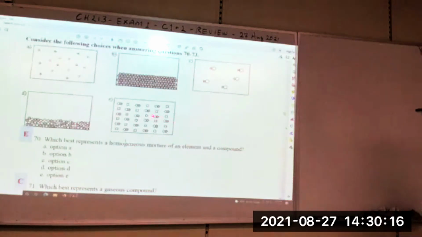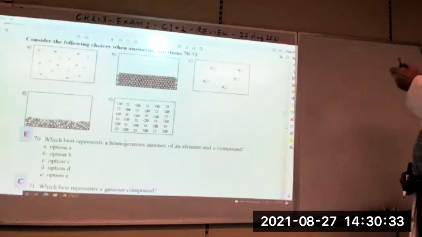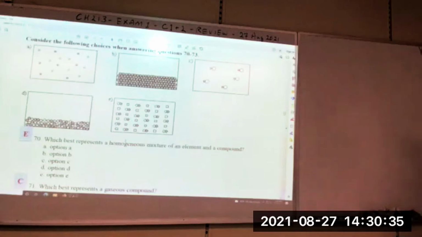And here it looks like this is a mixture of a molecule of these two atoms and a pure element here. And then you've got mixtures of two types of atoms here. Okay, which best represents a homogeneous mixture of an element and a compound?